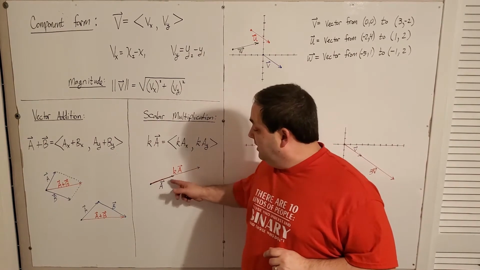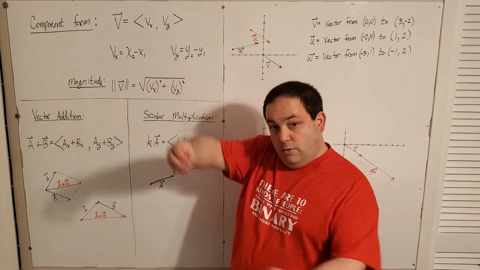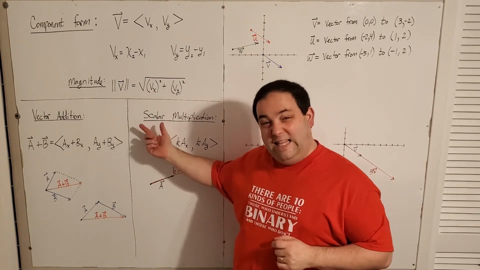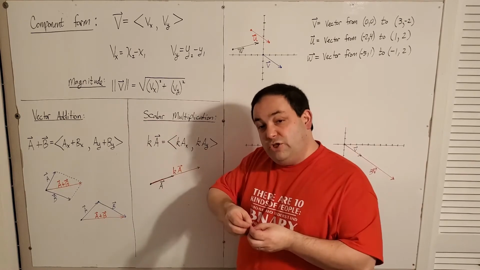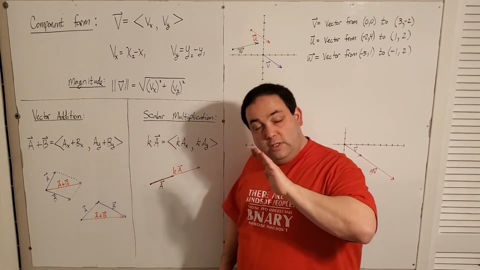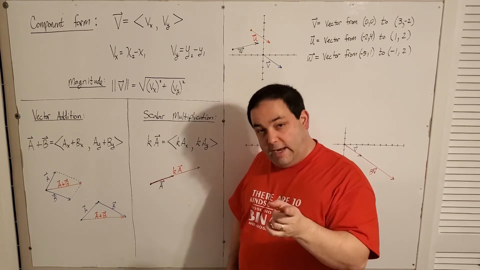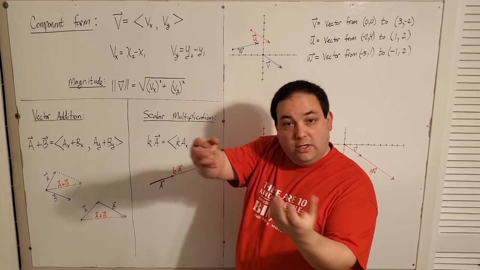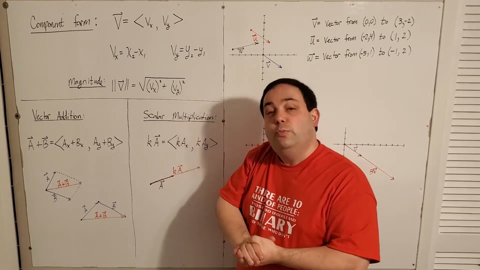All it does is stretch or compress the size of the vector, hence the term scaling. All I'm doing is changing the size. Scalar multiplication absolutely can never change the direction of your vector. It only makes it longer or shorter depending on the scale number that you pick.